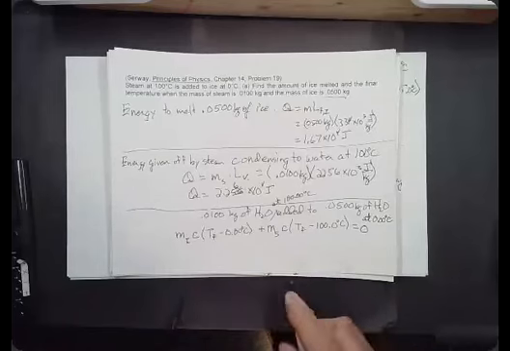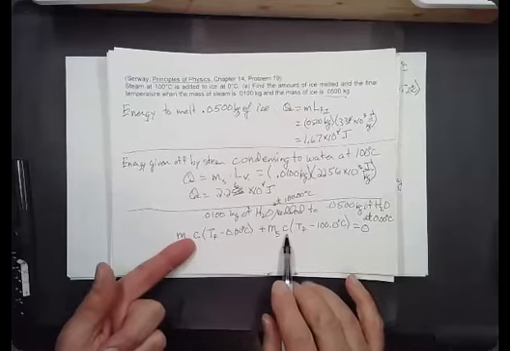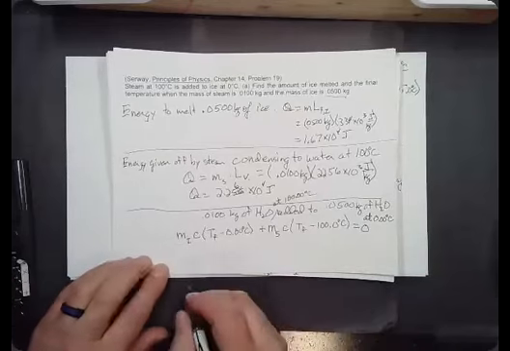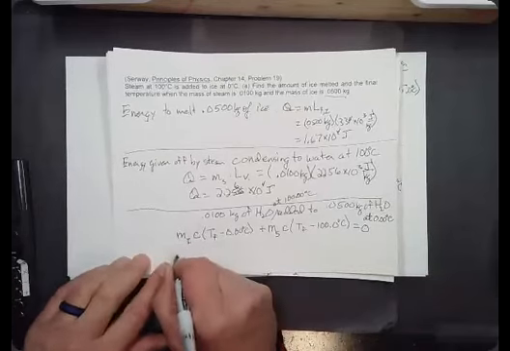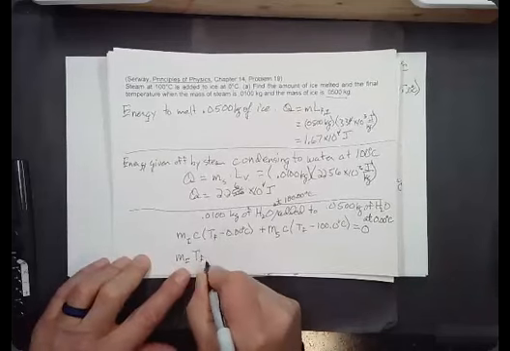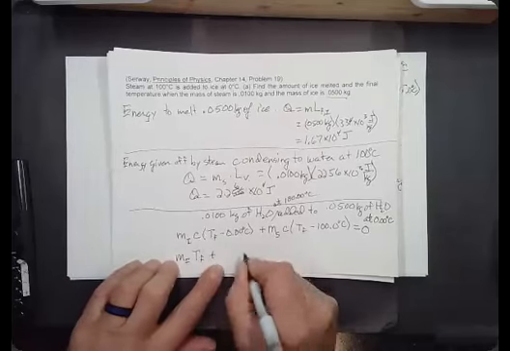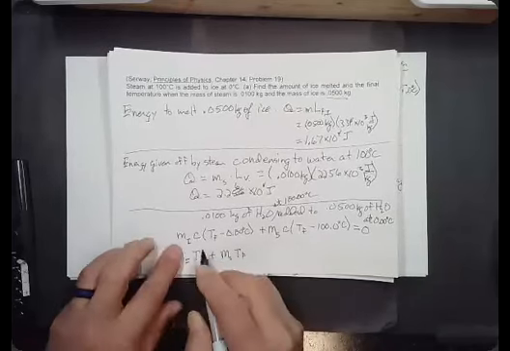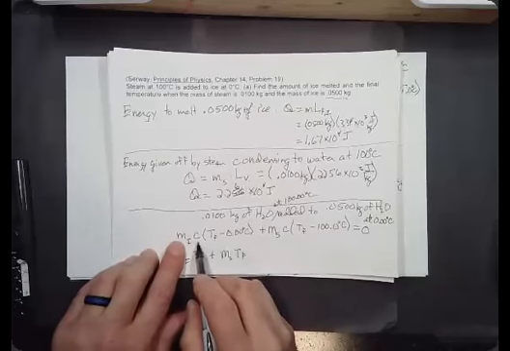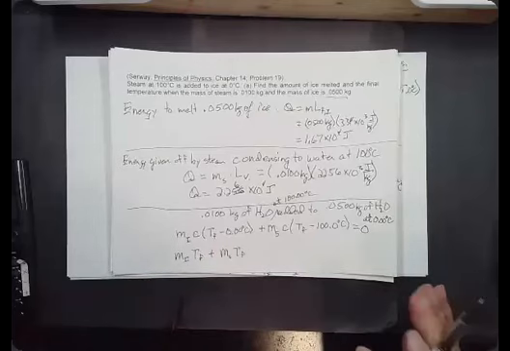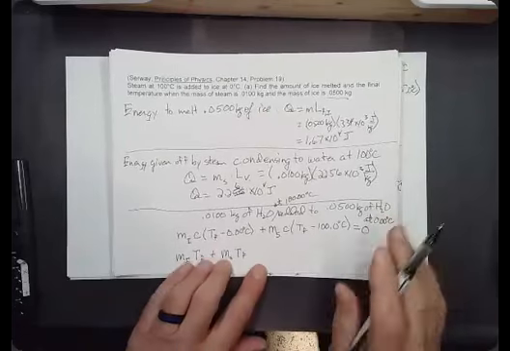We've got the specific heat of water in both terms, so I can divide that out. I'll have Mi T final plus mass of the steam T final. I divided the C's out. Mi times 0 degrees Celsius is 0, so that just drops off.